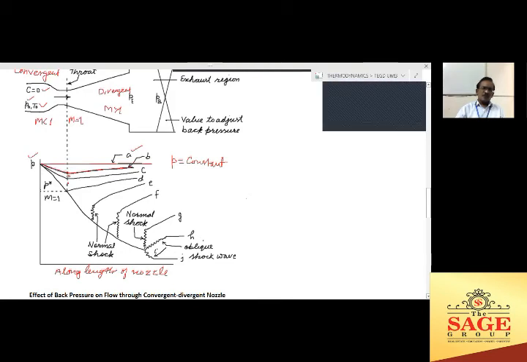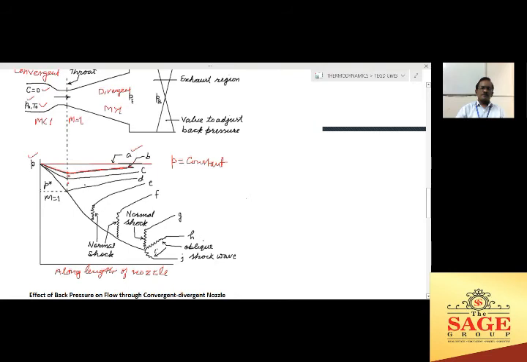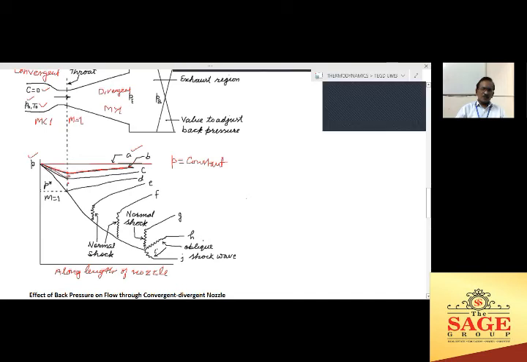At this throat portion, it is constant, and then the pressure is increasing. So this is the pattern of the fluid flow. On further decreasing the pressure, it is following this curve, the curve C. The pattern is approximately similar.